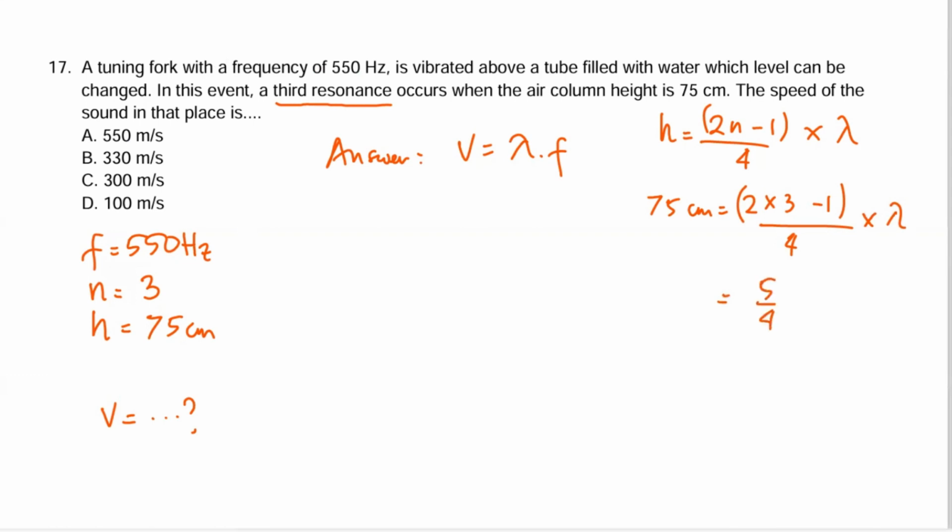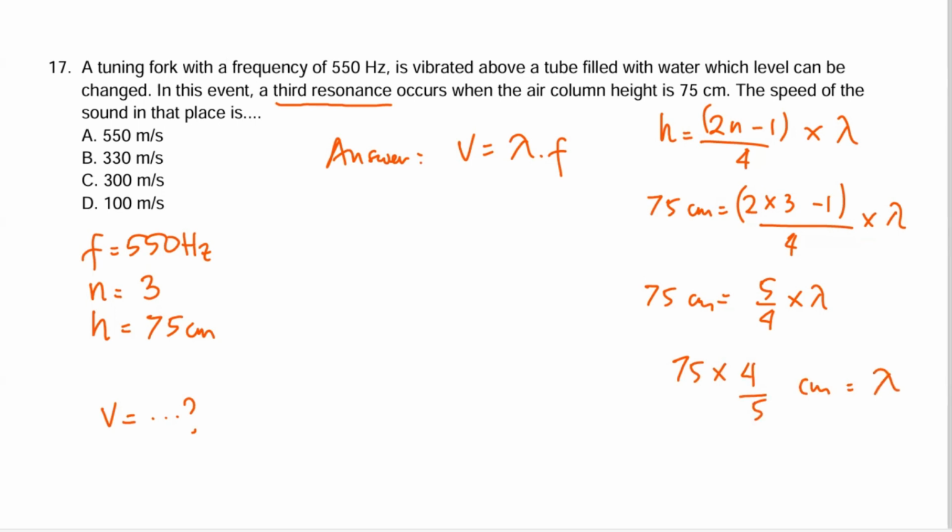So 5 over 4 times lambda equals 75 cm. To get the lambda, we move the 5 over 4 to the other side, so lambda equals 75 times 4 over 5 cm.